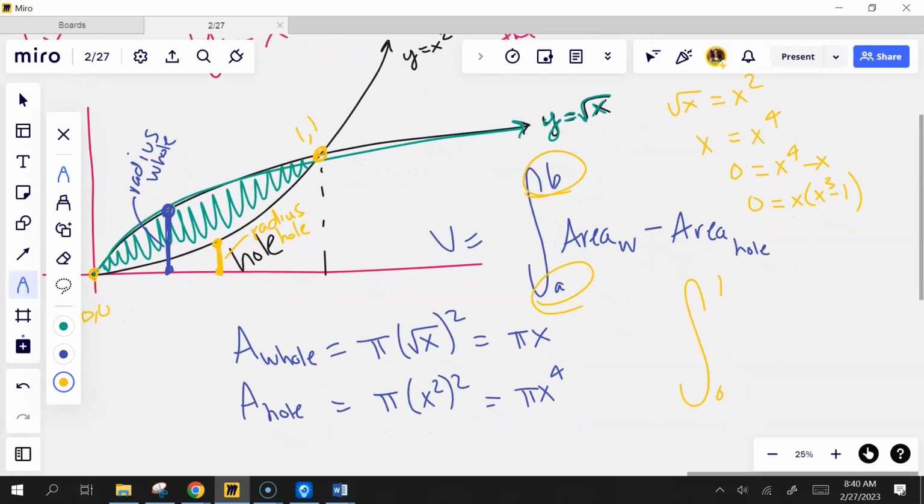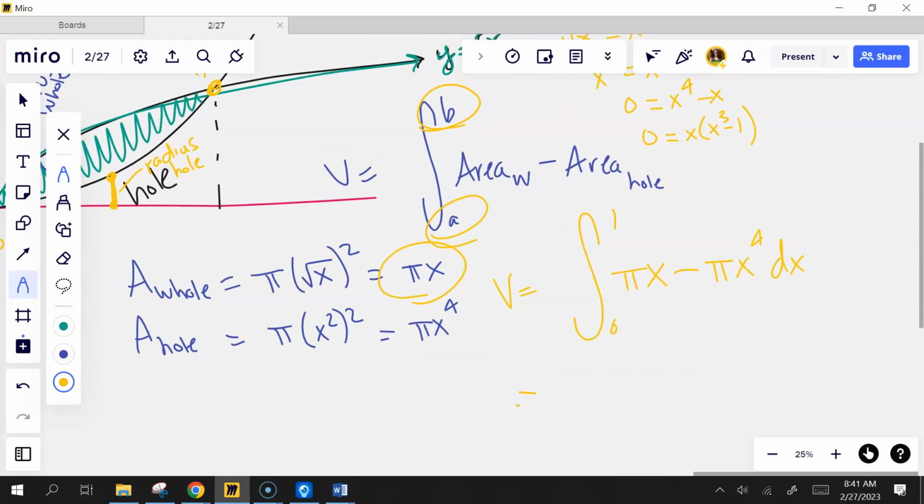All right, so now I'm going to do volume equals. And this is where you can still pull the pi out and leave it off of each one because you're doing both of them. But you got to make sure you get the right one first, okay? So the whole thing, which is pi x, minus the hole, pi x to the 4th. I could have written it this way also because they are both multiplied.